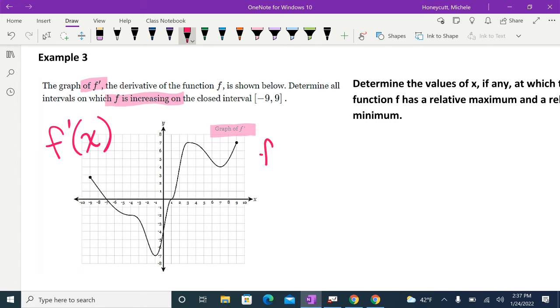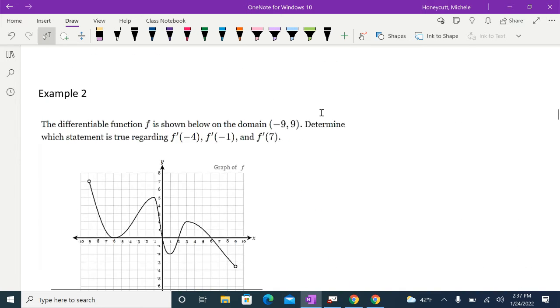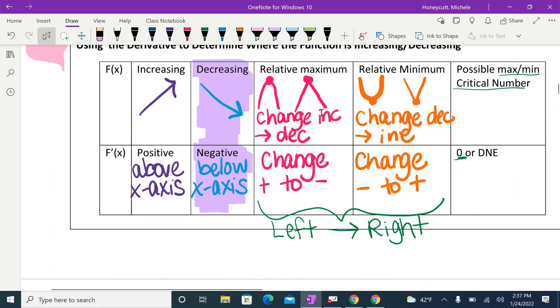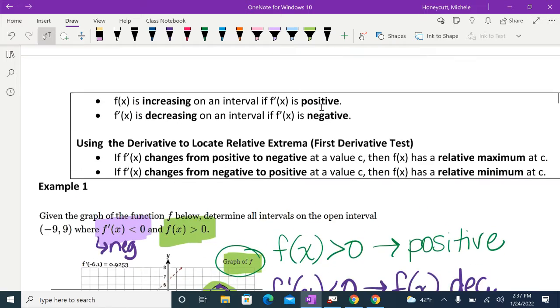So I'm going to come over here and say, okay, I know f of x is increasing when f prime, and I'm going to consult my chart. I look and say, okay, f of x is increasing when f prime is positive or above the x-axis.